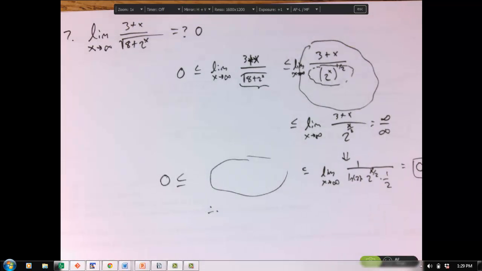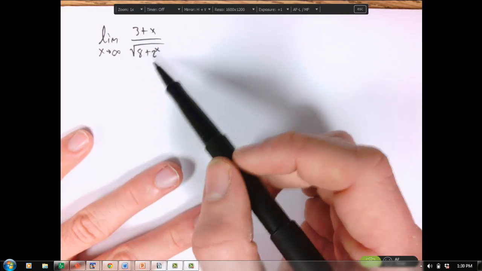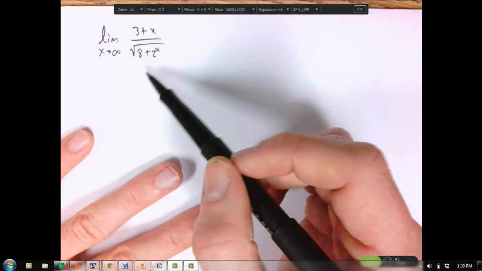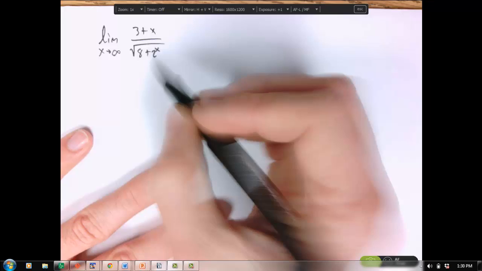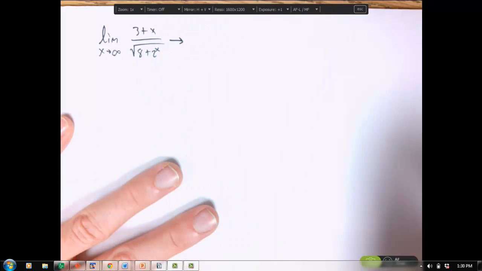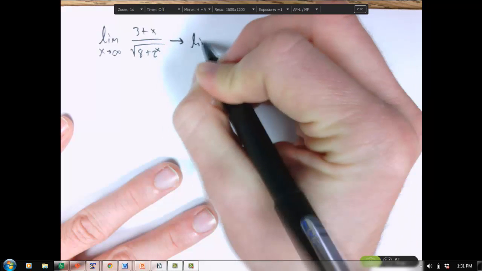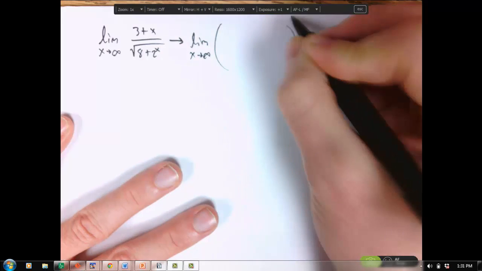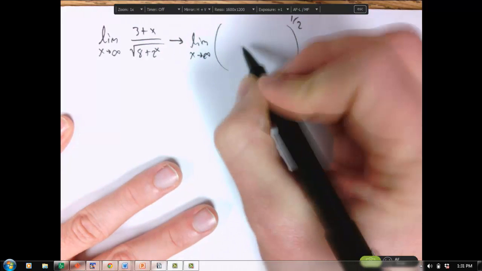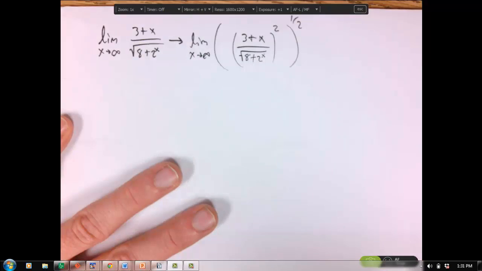All right, let's do it a third way. One of the main things that seems to interfere with the straightforward application of L'Hopital's rule is the square root. So it would be really nice if we could get rid of the square root. Let's rewrite this as limit x approaches infinity of the square root of this entire thing squared, like that.